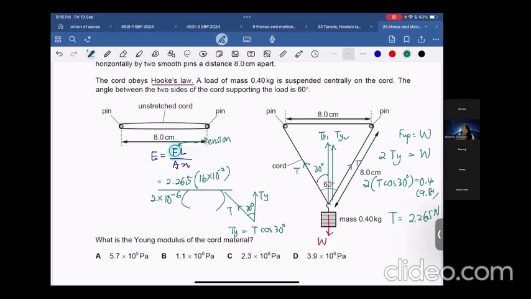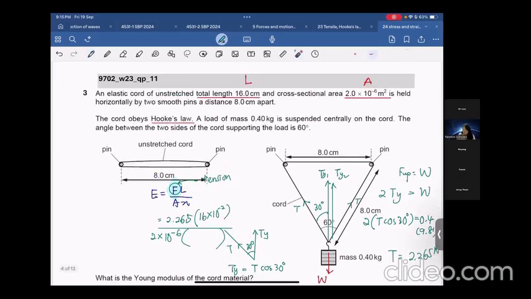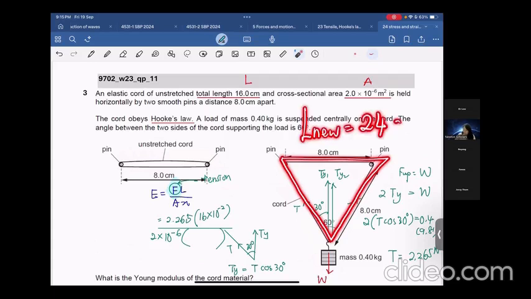Okay, then the last one, extension. How much is extended for this cord? Initially, the total length is 16 cm. After I hang the object, I become here x cm. Can you see that this is x cm? Of course, the other side is also x cm. So x cm plus x cm plus x cm is the new length, 24 cm.